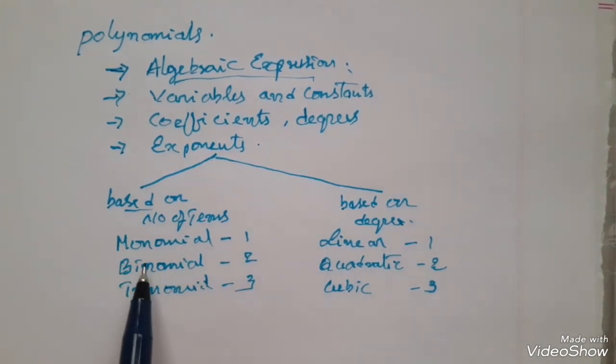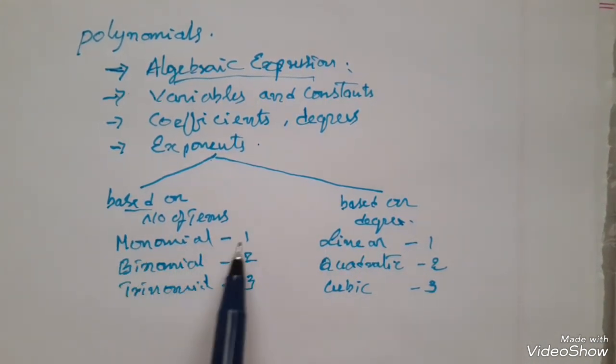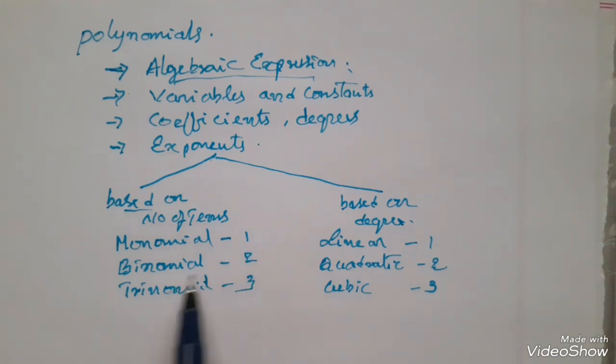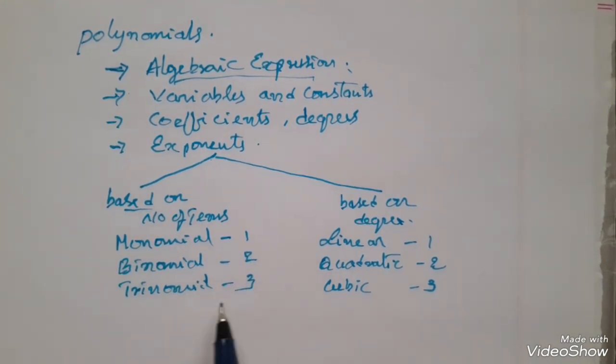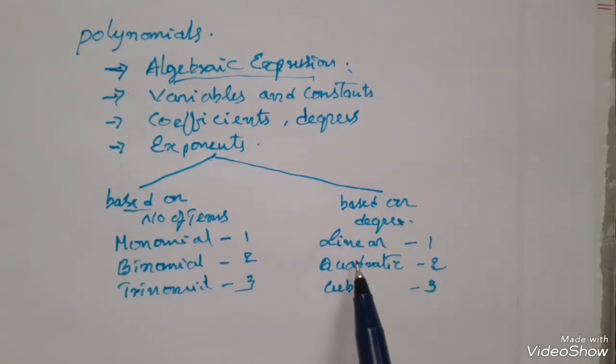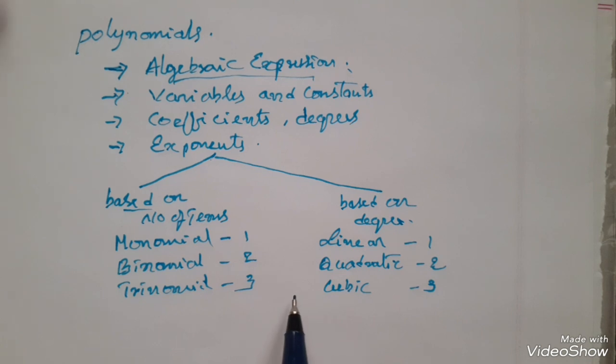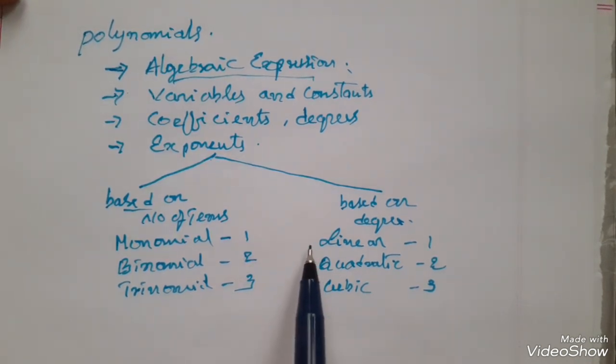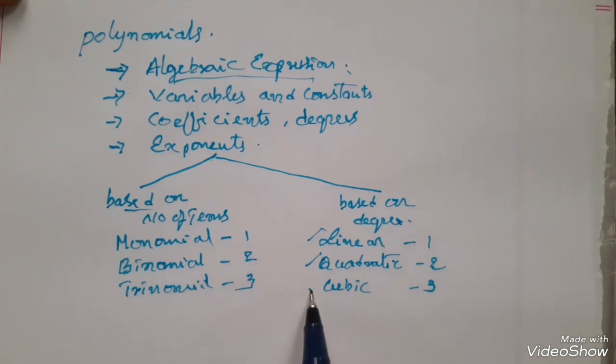So based on the number of terms, if it has one term, monomial, two terms, binomial, three terms, it is called trinomial. Based on degree, linear polynomial, quadratic polynomial, cubic polynomial. Now let us see what is the general form of the linear, quadratic, cubic polynomial.